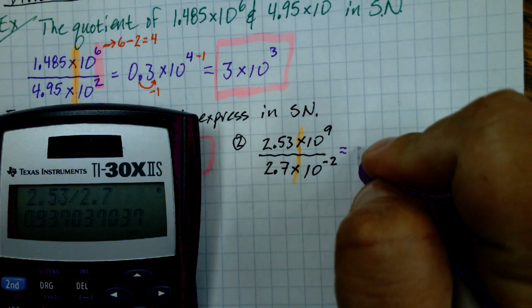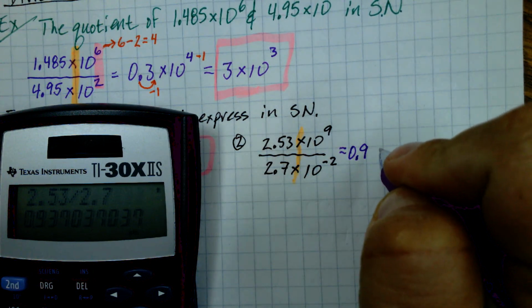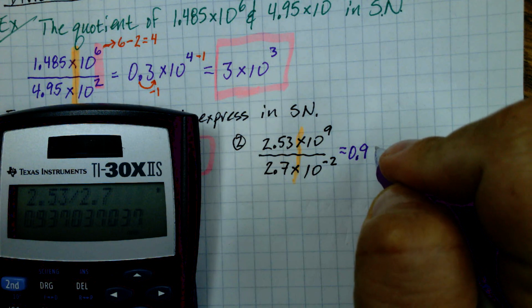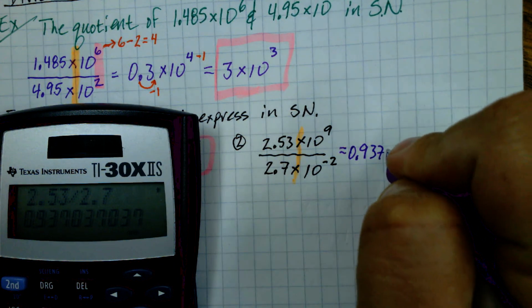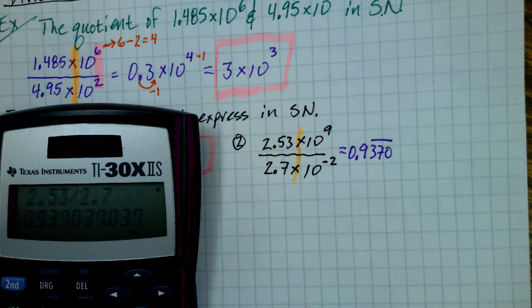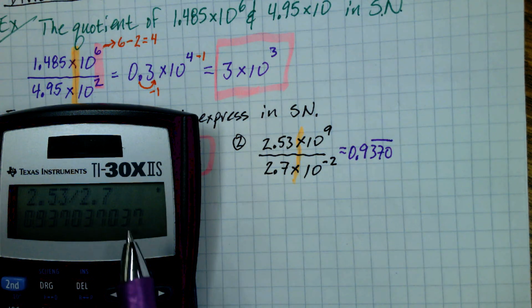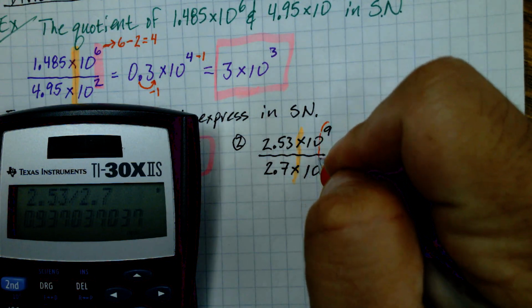So I get 0.9, then 370 repeating. 370, 370, 370. So that part's repeating. Now let's do the subtraction here.